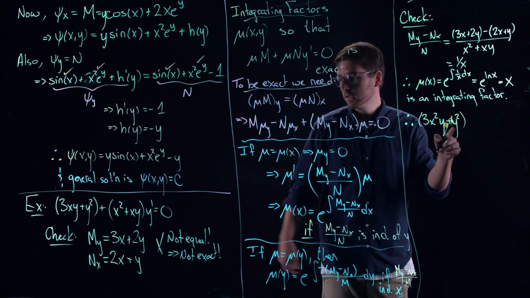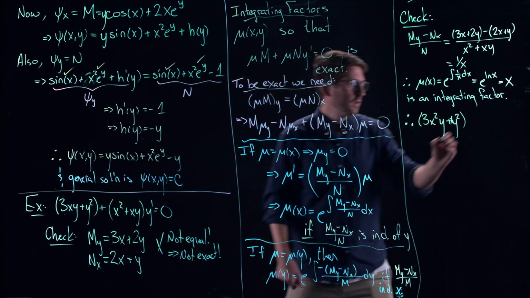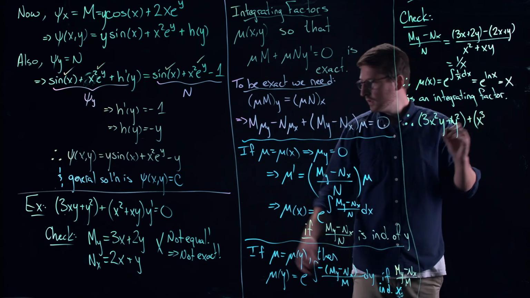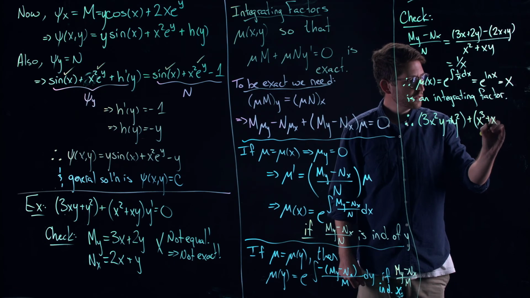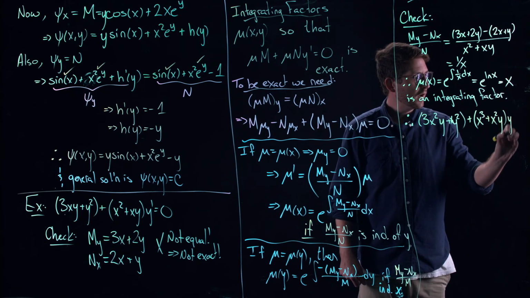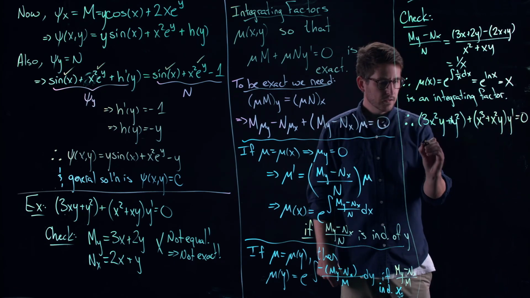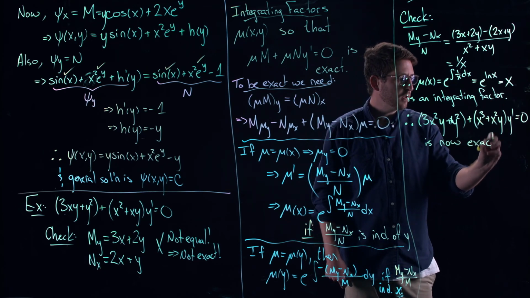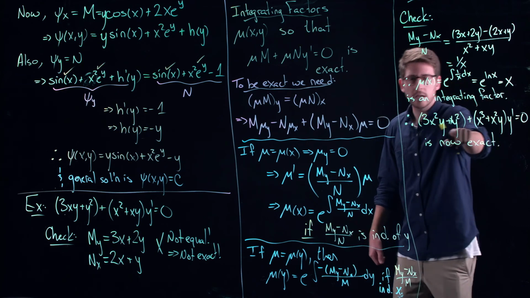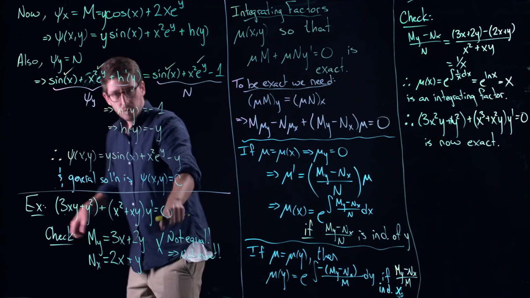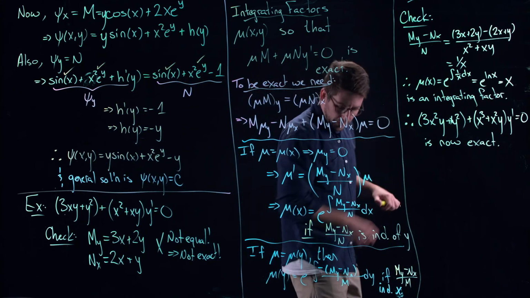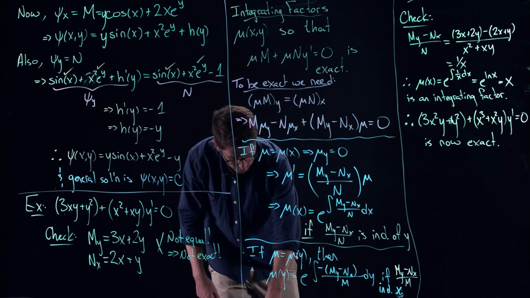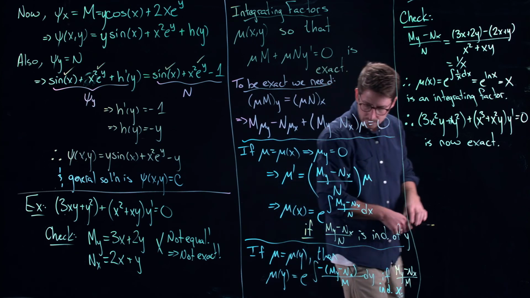Sorry, I'm multiplying x into both terms here, plus x cubed plus x squared y prime equal to 0 is now exact. So once I multiplied that mu integrating factor into this differential equation right here, now I've got an exact equation. And now, you can check very, very easily that that thing is exact.